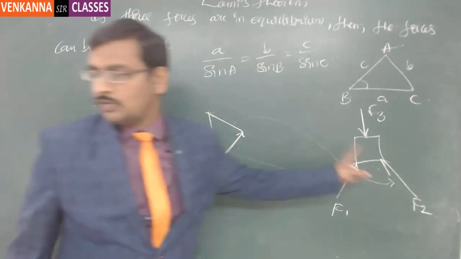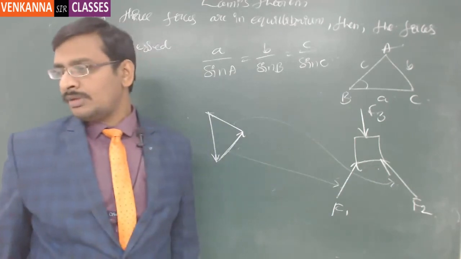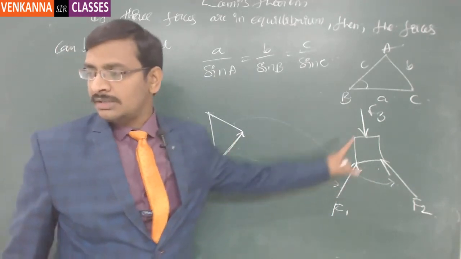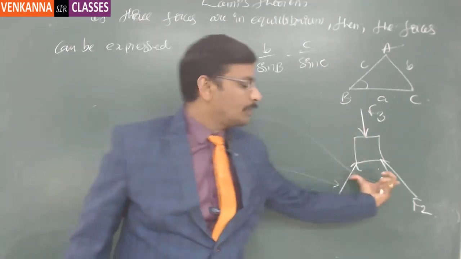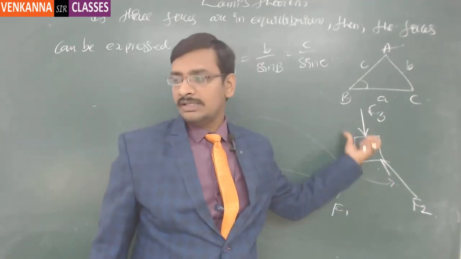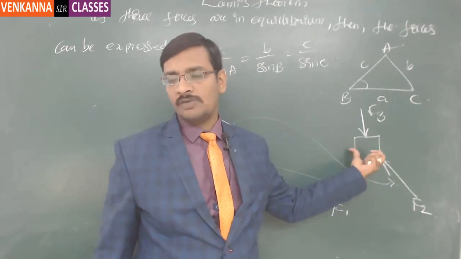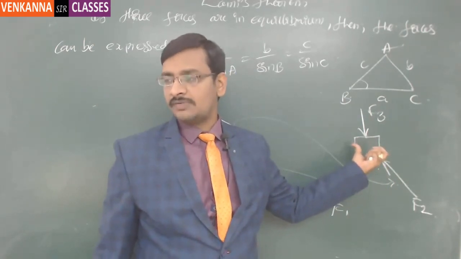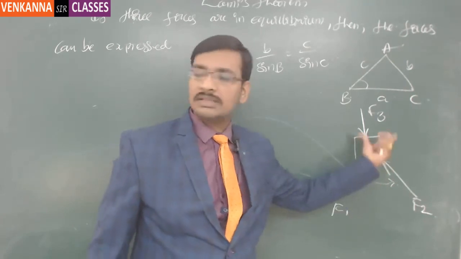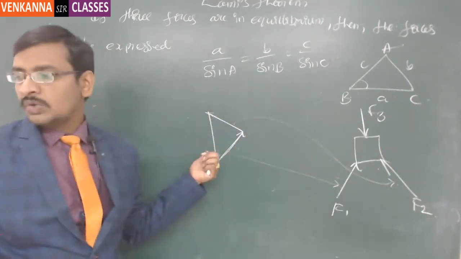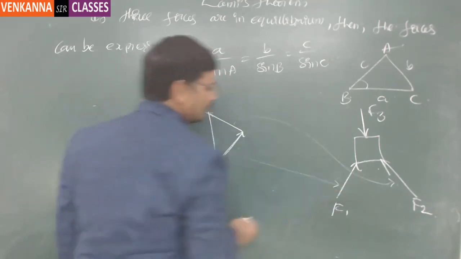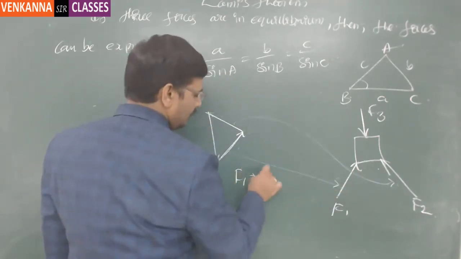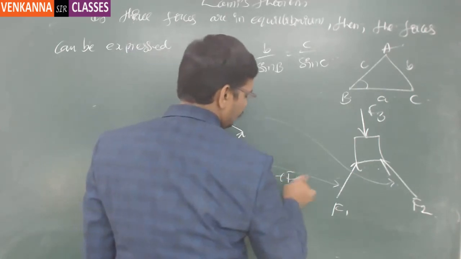So all three forces forming a closed triangle means that whatever force is applied at the top of this is supported by these two forces. And this is under equilibrium condition, hence there is no movement for this particular body. In such situations, all three forces together will form a closed triangle, because as the stability condition says, F1 plus F2 plus F3 is equal to 0.